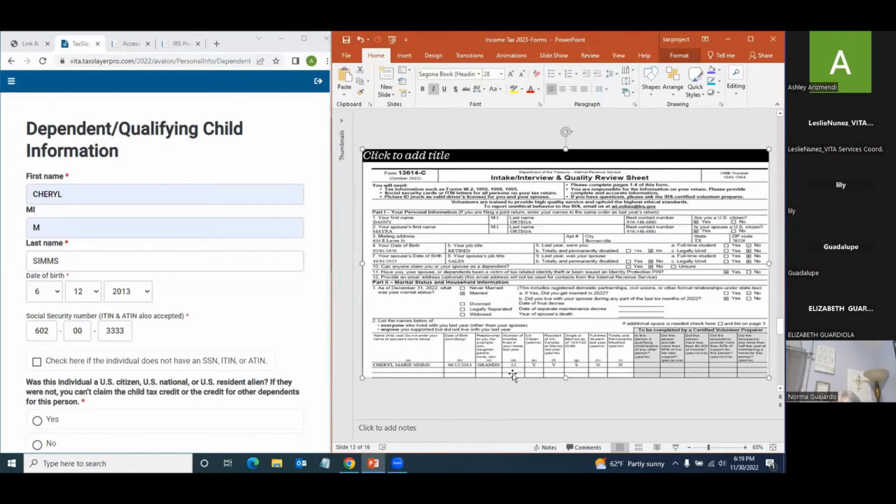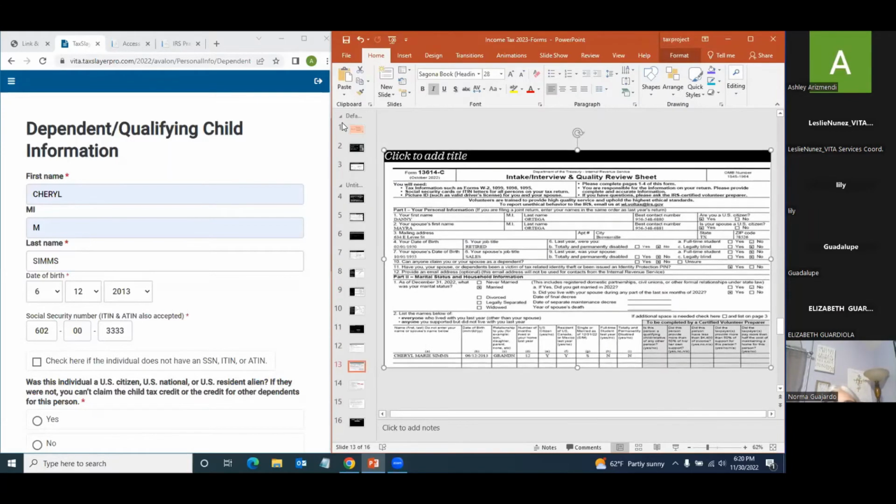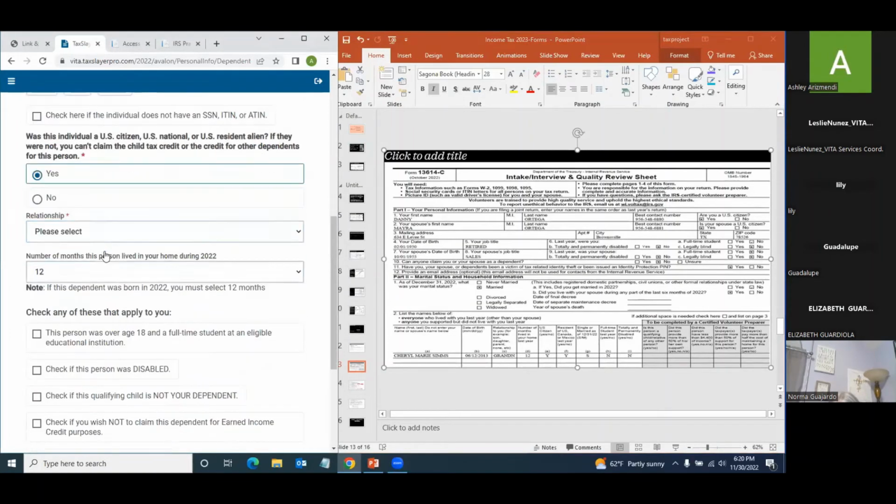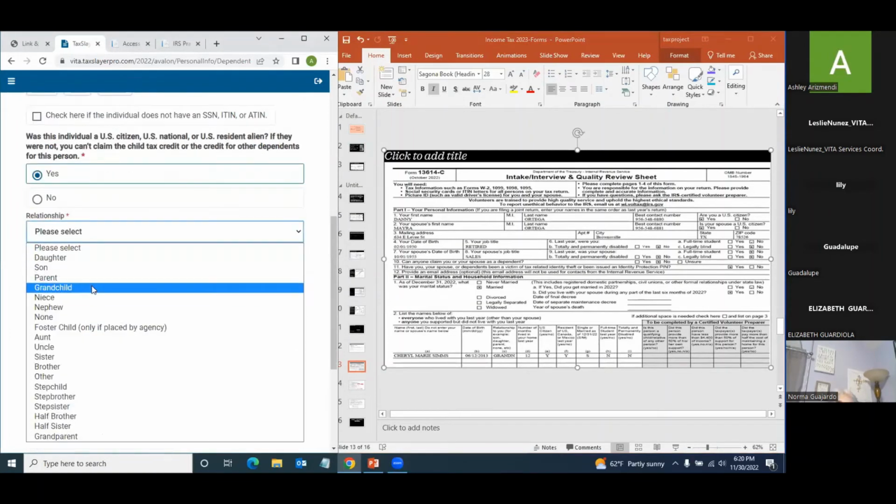Okay, and then here, she's lived in the household for 12 months. That's the full year. She is a grandniece, right? Okay, and she is a US citizen. She is single. She's not a full-time student, nor is she permanently disabled. So here on the bottom, yes, she's a US citizen. She's a grandniece.